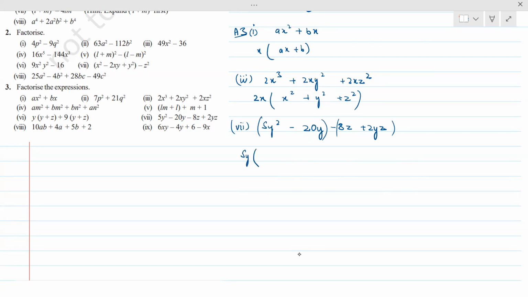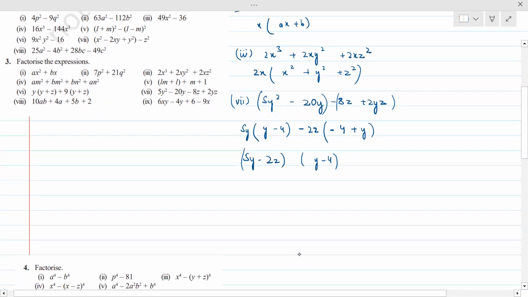So you have to analyze what you have to do. It is y minus 4. Okay. And if I say another, in this we will take 2z outside, so it will be minus 2z outside. So it will be minus 4 plus y, which is 5y minus 2z and y minus 4. These are the factors. Okay.